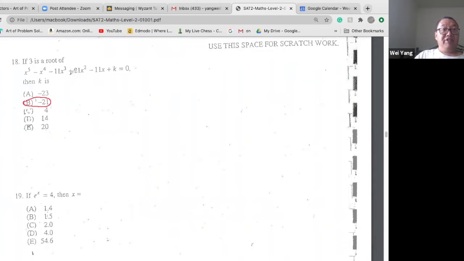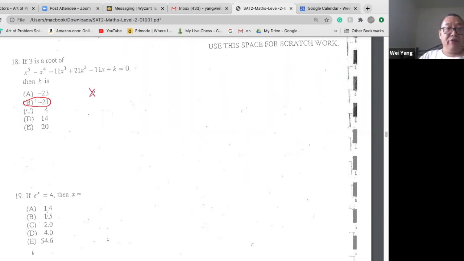If 3 is a root of this equation, then k equals what? K, now let's see how we can calculate this faster. If 3 is a root, okay? If 3 is a root, now let's see.